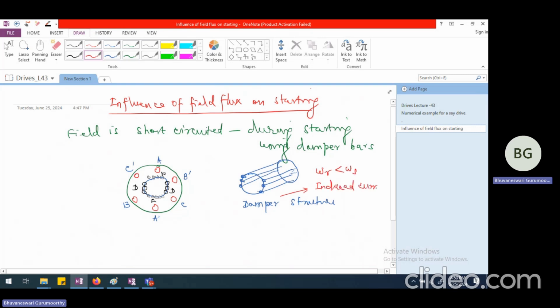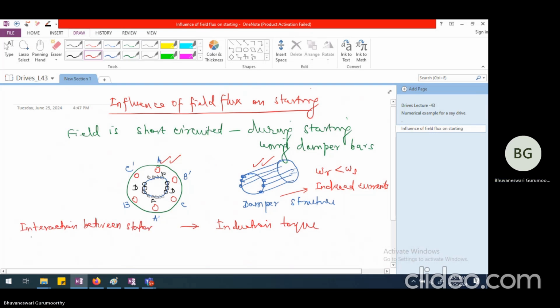And because they are short-circuited, the current is going to circulate within the damper bar, and there will be interaction between the damper current and the stator side current or stator side revolving magnetic field, which produces induction torque. So the induction torque for starting is going to be produced by interaction between stator magnetic field and damper current.